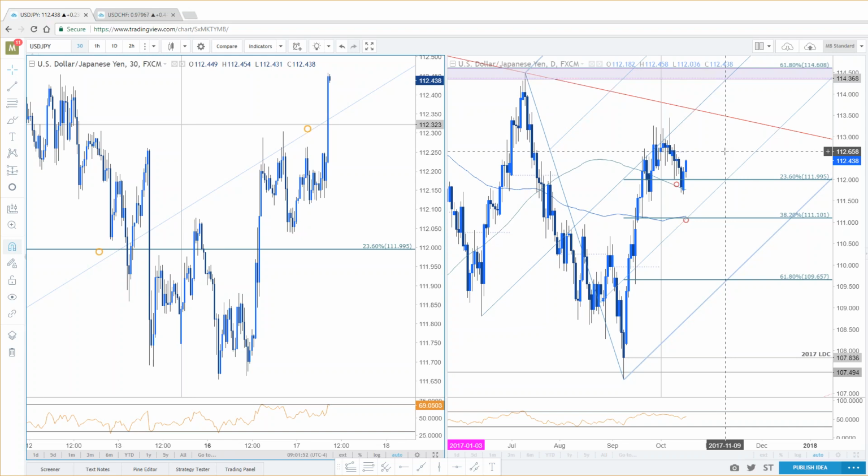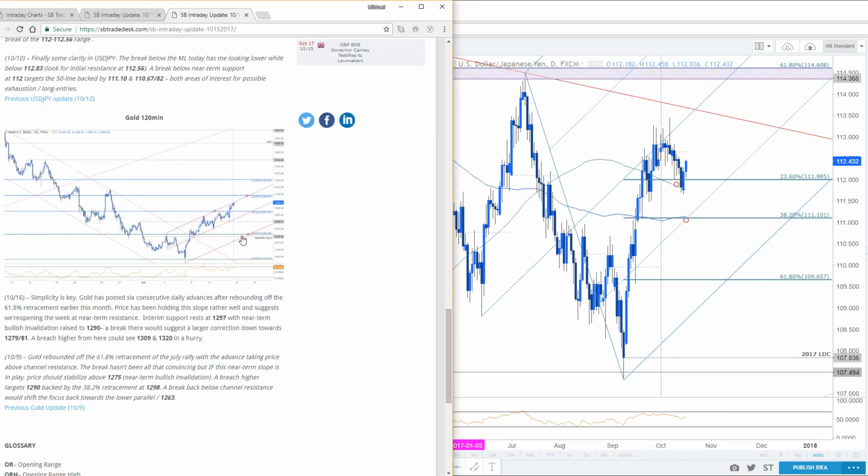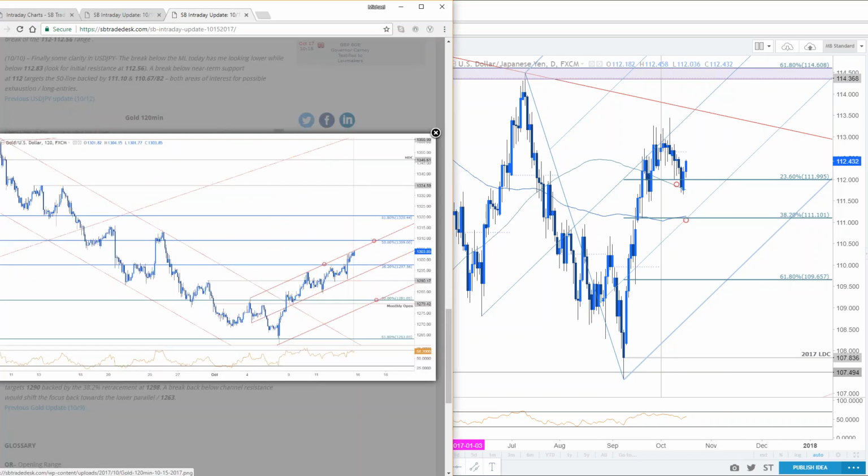That's number 6. Number 7, an interestingly clean trade, is gold. And here's what gold looked like earlier in the week. We started off the week citing, all right, look, you broke channel resistance. That shifted our focus to the upside.